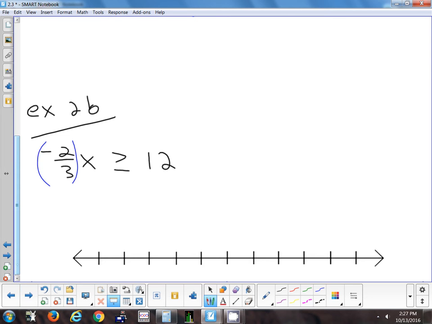It begins with an R. Yeah, reciprocal. Okay, so we're going to multiply both sides by the reciprocal. Hey, Jordy, what's the reciprocal? How do you find that?